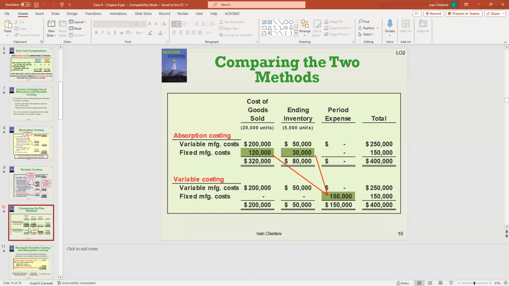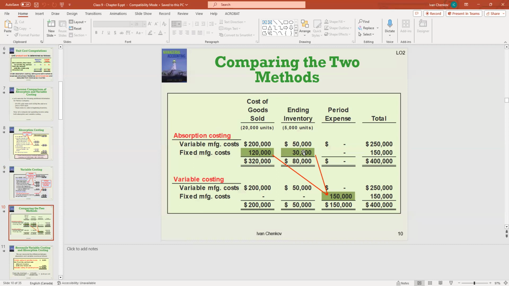So what happened? The $150,000 fixed manufacturing overhead in variable costing is directly a period expense. But in absorption costing, $120,000 went to the cost of goods sold, and $30,000 is sitting in the ending inventory.